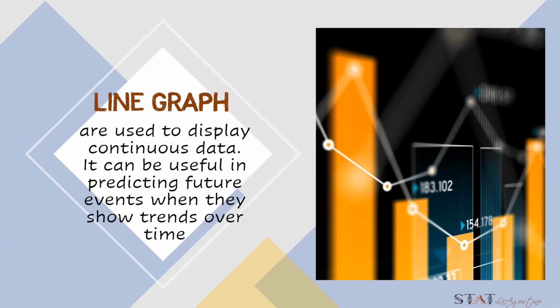So let's proceed to line graph. Line graphs are used to display continuous data, and they can be useful in predicting future events when they show trends over time. So usually you can see this one in regression analysis, in some trend analysis using this line graph.